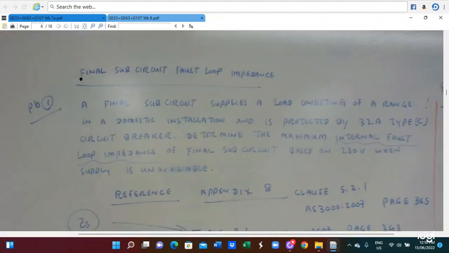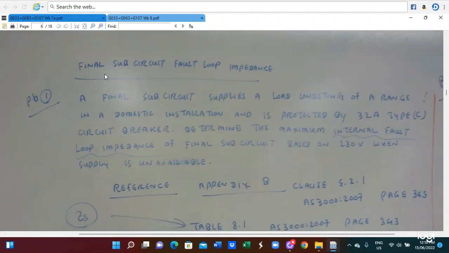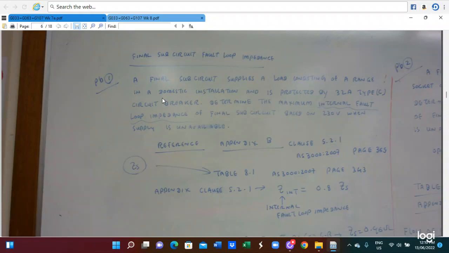And this problem finds the circuit fault loop impedance calculation. If the circuits are supplying the load portion of a range in the domestic installation and are protected by the 32 ampere type C circuit breaker, determine the maximum internal fault loop impedance of the final circuit based on 230 volt when the supply is unusable.